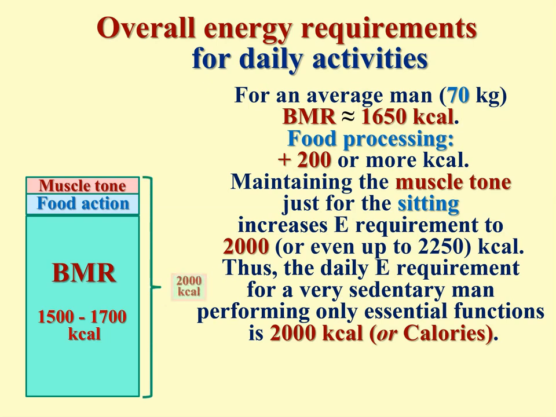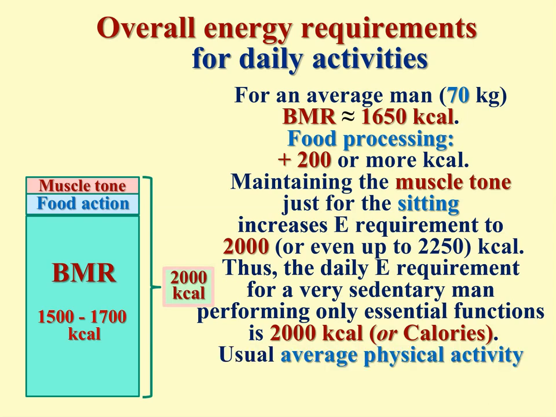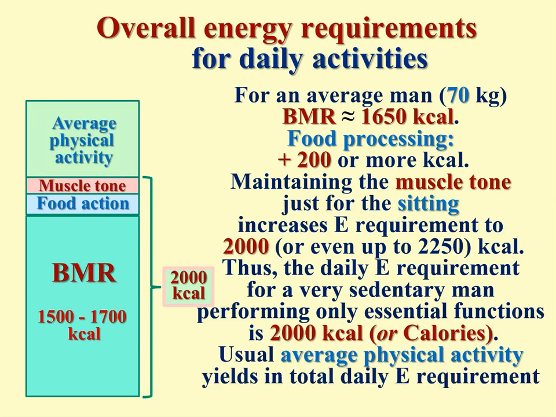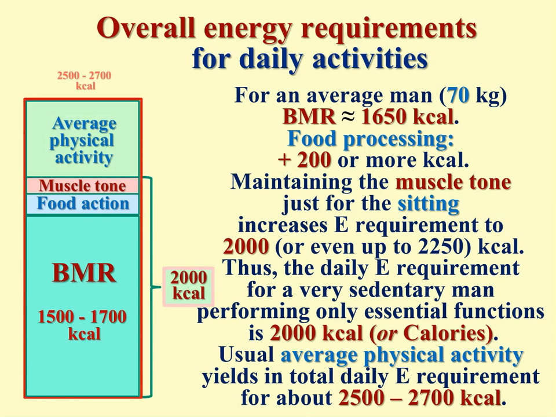So it already makes 2,000. But mostly we do some more activity than only sitting. I hope that you don't sit always. So average physical activity increases it some more. And the total daily requirement usually for such a man of 70 kg with a moderate level of activity is about 2,500, 2,700 kilocalories daily.